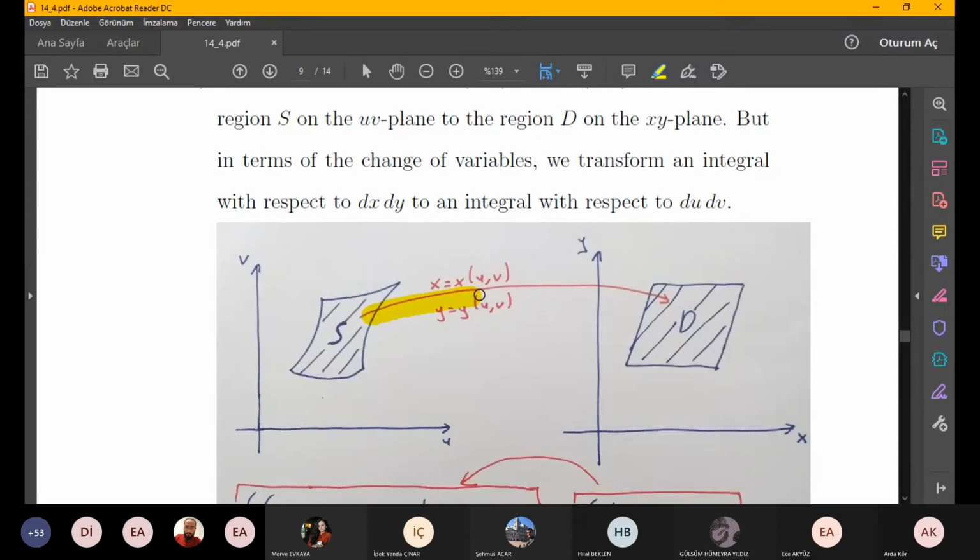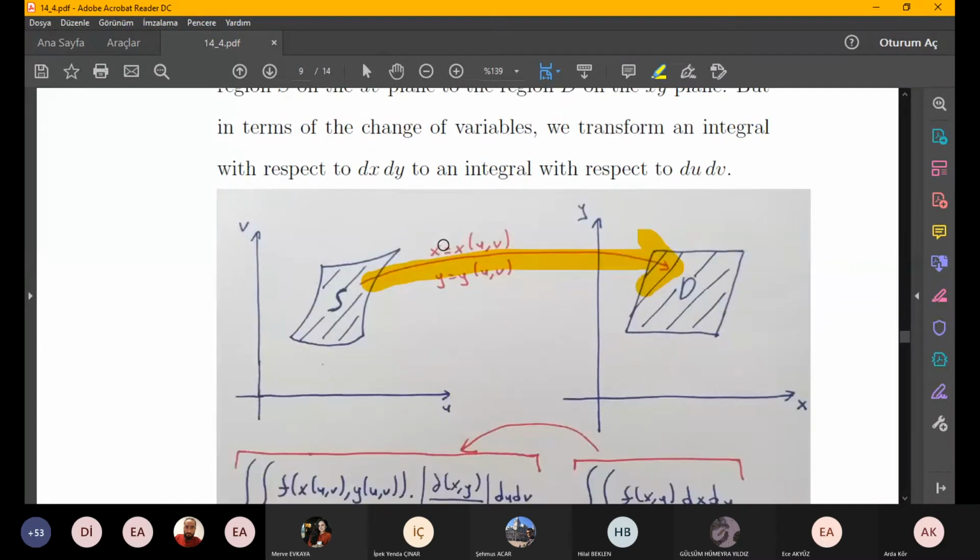So by this transformation, in terms of change of variables, we transform an integral with respect to dx dy to the integral with respect to du dv.